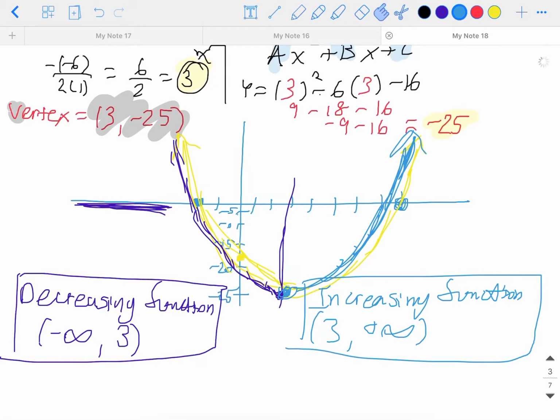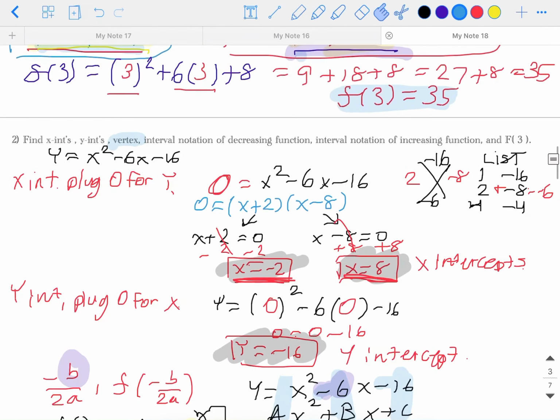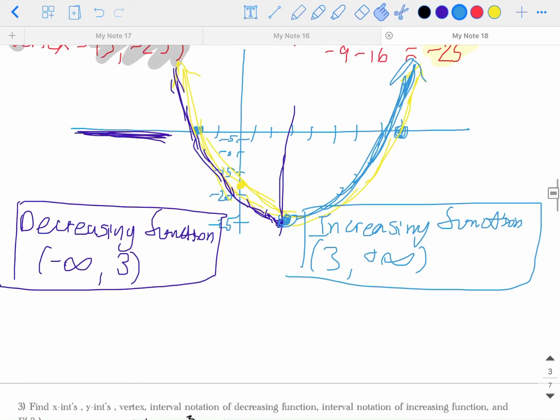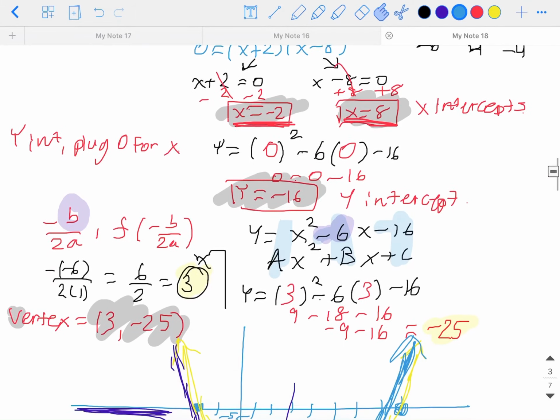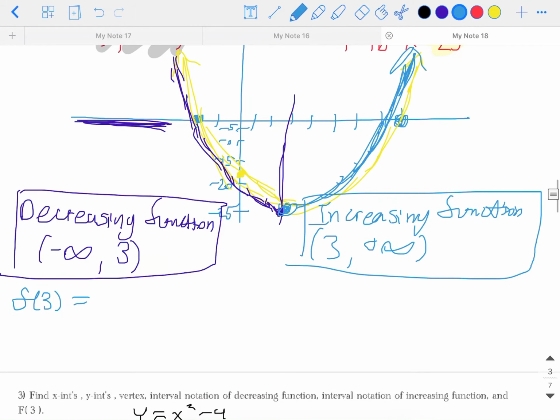The last part of the question states that we need to find f of 3. So that's essentially plugging 3 in for the polynomial, which we stated earlier in the question: x squared minus 6x minus 16. All we need to do is plug in 3 for x.